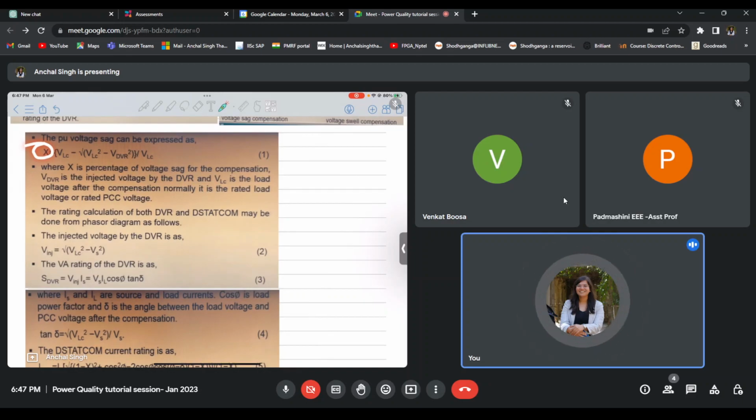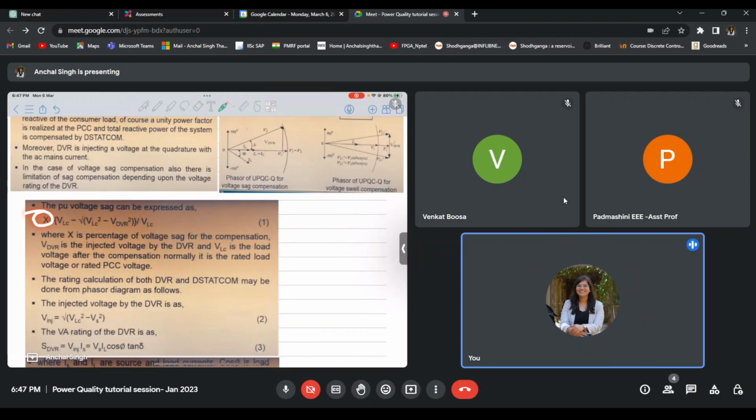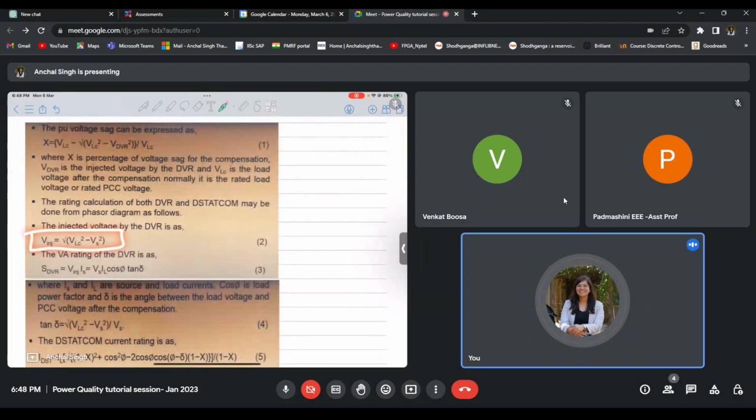Now the rating calculation for both DVR and DStatCom can be easily understood from the phasor diagram. Since it's a right angle triangle, we could say that V source square plus VDVR square is equal to V load square. It's Pythagoras theorem. So from that, we could get VDVR, the injected voltage, as this.